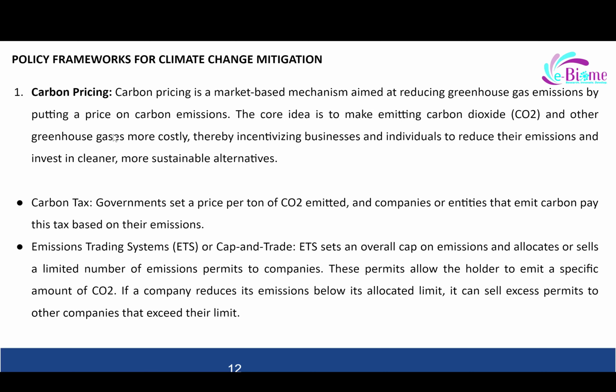So, as I said, carbon tax is one of them, and then emissions trading systems, or cap and trade system, ETS. What that does is set an overall cap on emissions and allocate or sell a limited number of emissions permits to companies. These permits allow the holder to emit specific amounts of CO2. It is similar to ITMOs, internationally tradable mitigation outcomes.